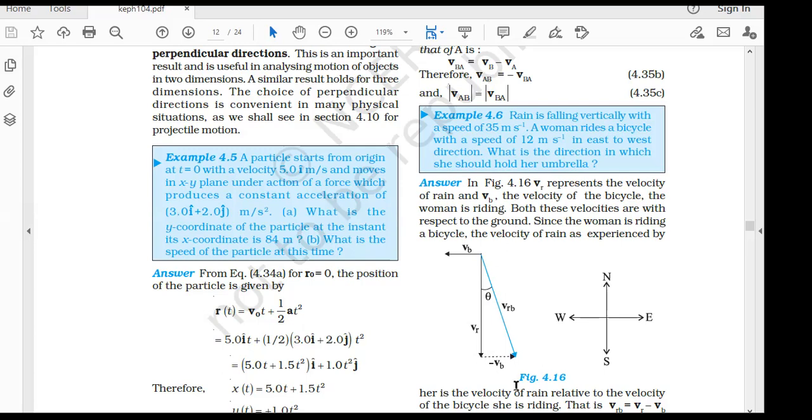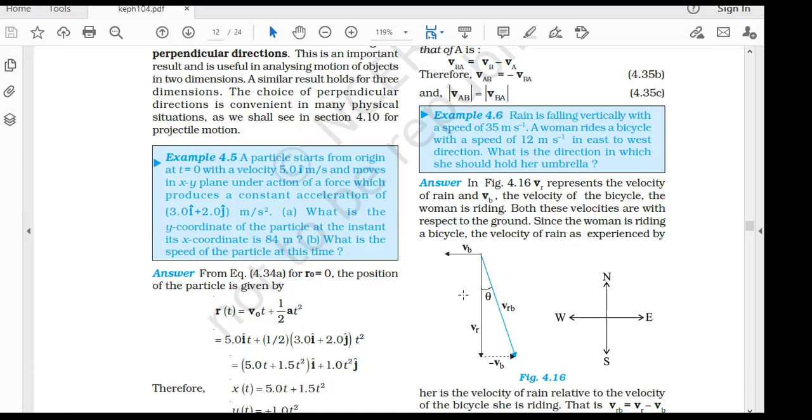This diagram might be confusing, right? But actually what this means is, this is the velocity of the bicycle and this is the velocity of the rain. Since they said east to west, they are shown like this. So don't worry about this blue line here.